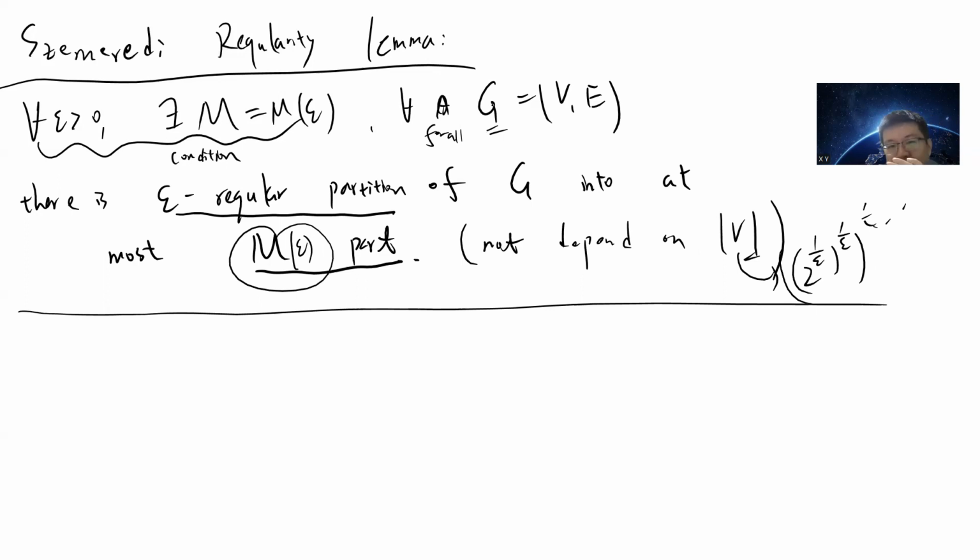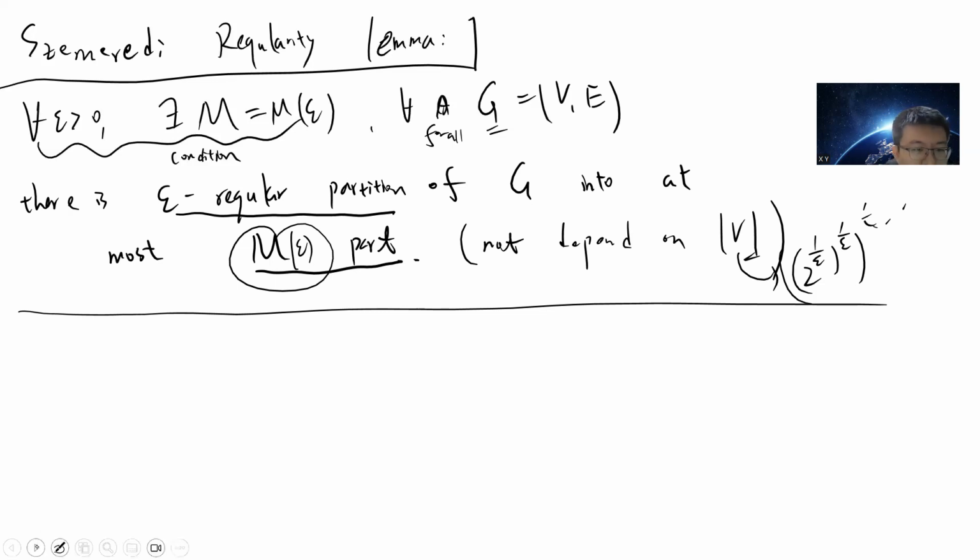You can spend some time to think about how deep this theorem is. If you use it, this theorem can prove many astonishing results. Okay, so this is the lemma.